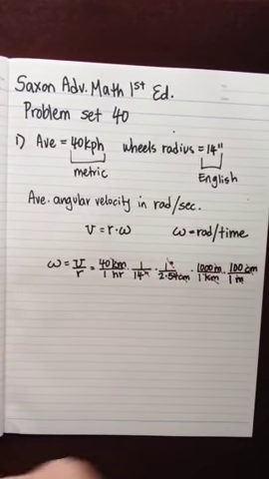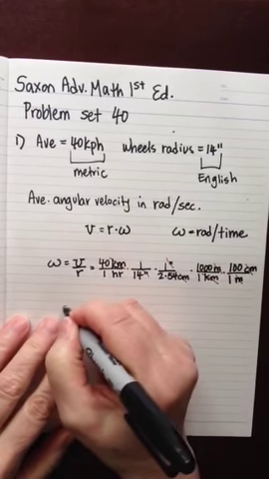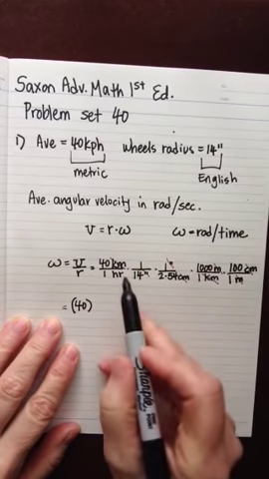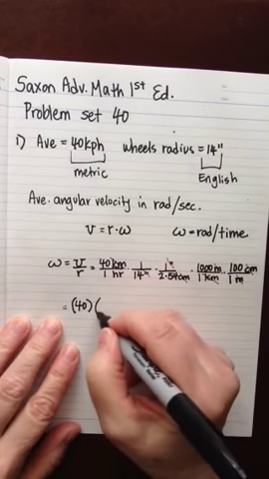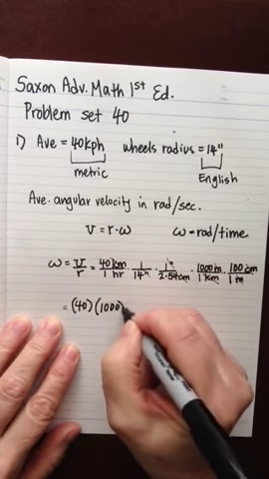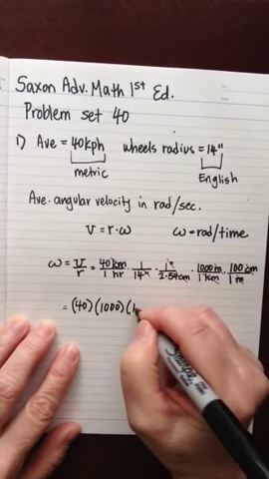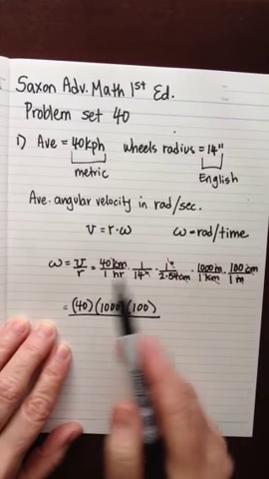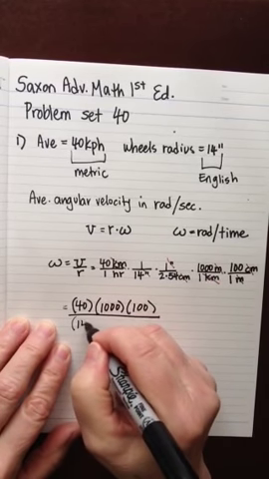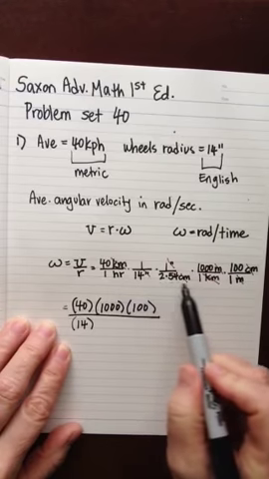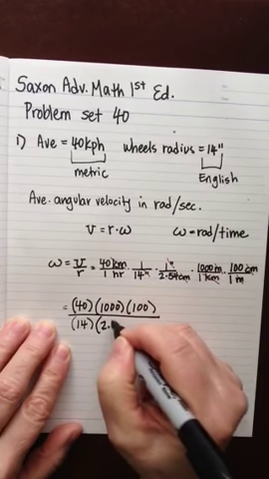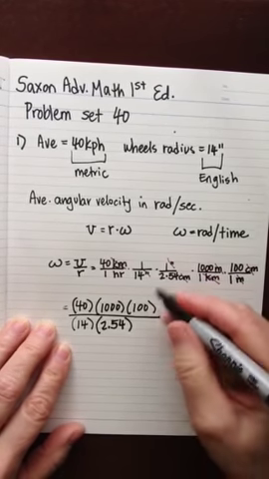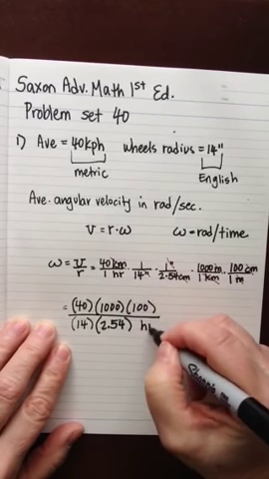And so far, our answer is 40. And what else is in the numerator? 1,000 and 100. And we're dividing that all by 1 times 14 times 2.54, but we still have this hour down here.